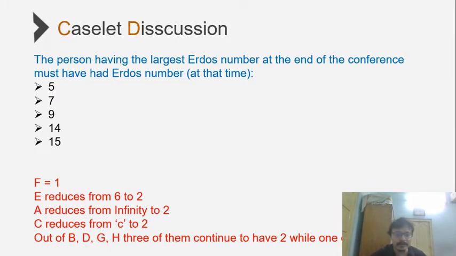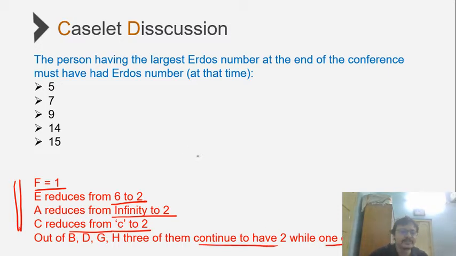So now that we've got the answers, F is 1, E reduces from 6 to 2, A reduces from infinity to 2, C reduces to 2. Out of B, D, G and H, 3 of them continue to have 2, while one of them has 7.